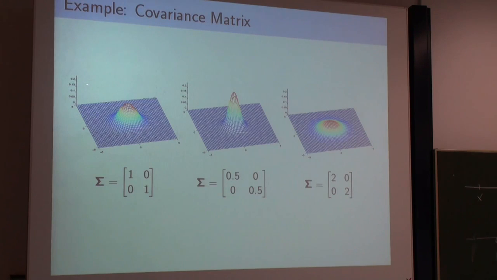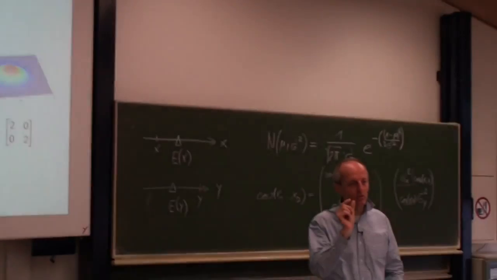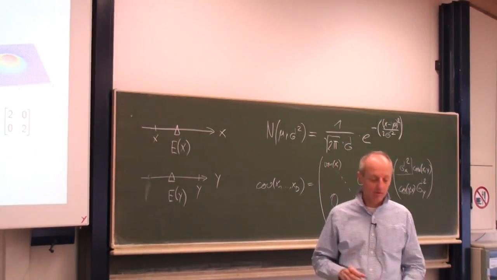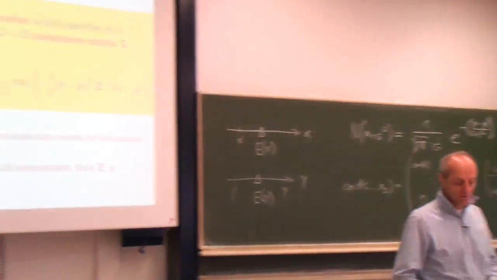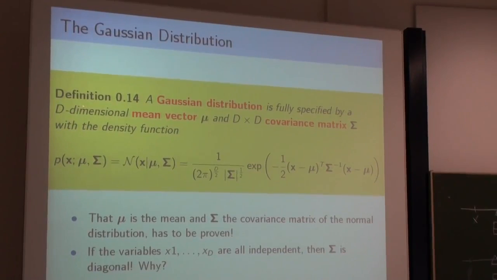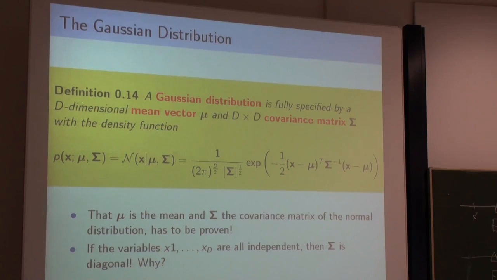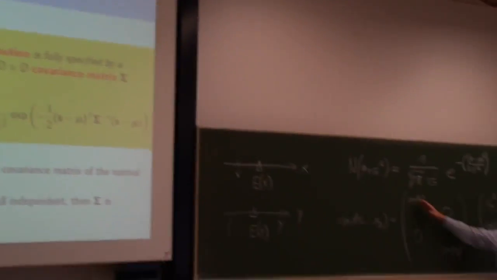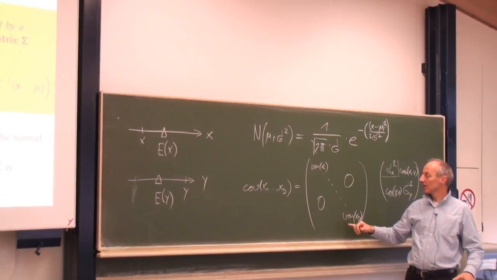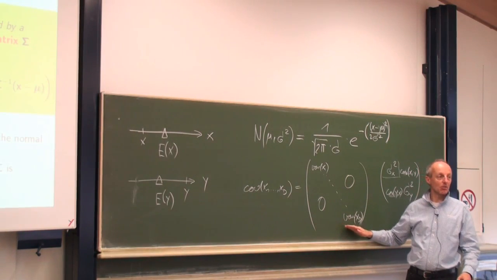So this limit for width 0, for variance 0, is not allowed. And that's what we see here. That's why it's not allowed. And the next point is, take this diagonal matrix and make one element in the diagonal equal to 0, then this matrix becomes singular.